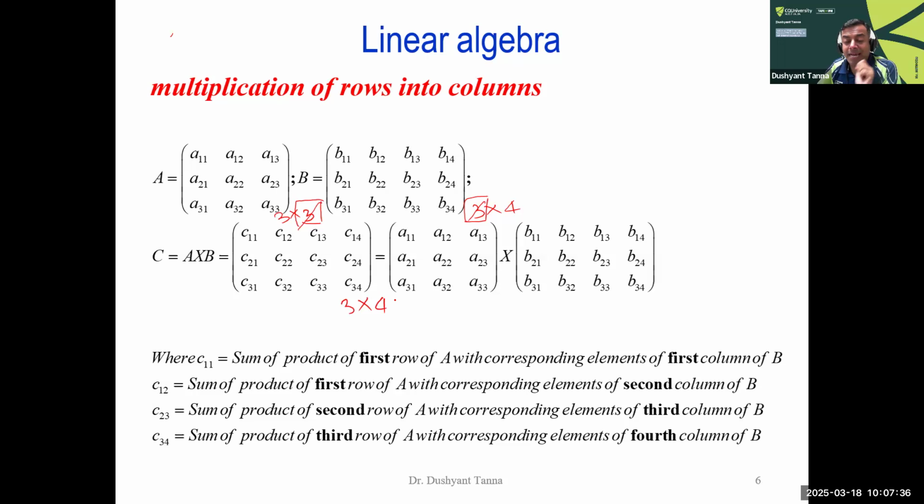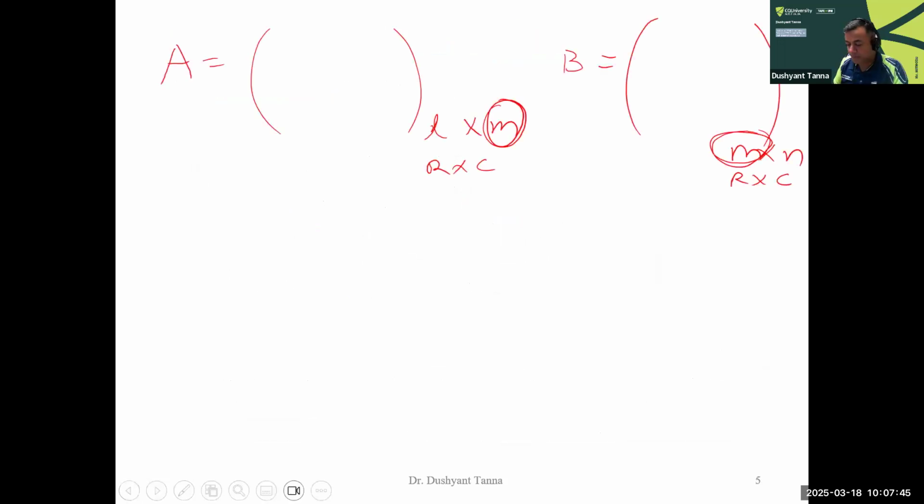Now, by now, you should be able to write a matrix in the standard form. I'll give you some examples. Say A is a 2 cross 3 matrix. That means it will have 2 rows and 3 columns. By default, we will start with A11.